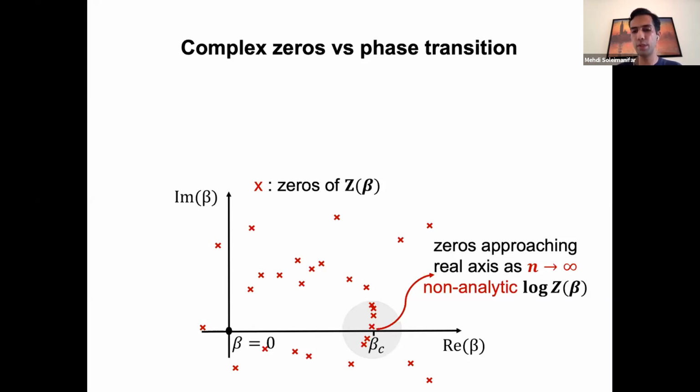So at around this point, the log of the partition function is non-analytic, and it causes its derivatives and other physical quantities to blow up, and that's one signature of thermal phase transition.